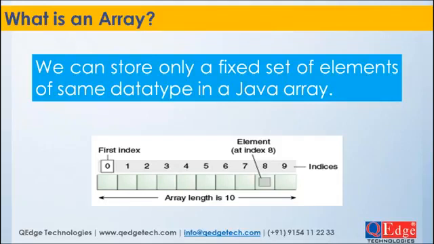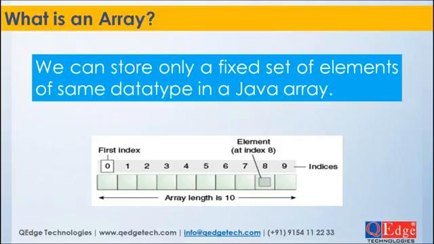And all elements that you are going to save in the array should be of the same data type. While declaring an array, if I say this array is of type int, all elements should be of type integer. If I say this array is of type string, you have to store all string values only.